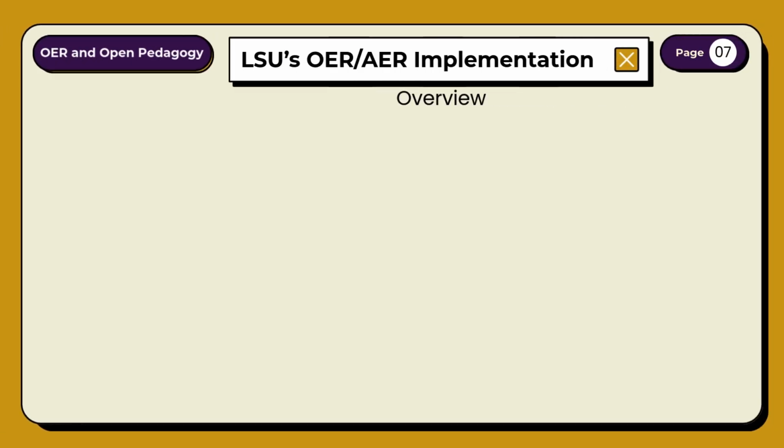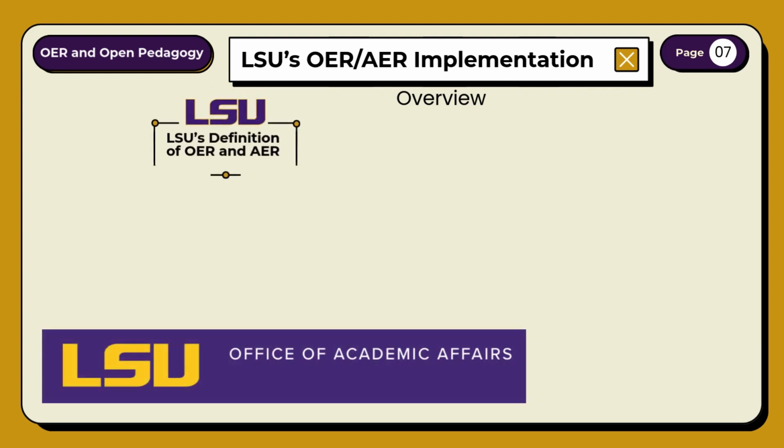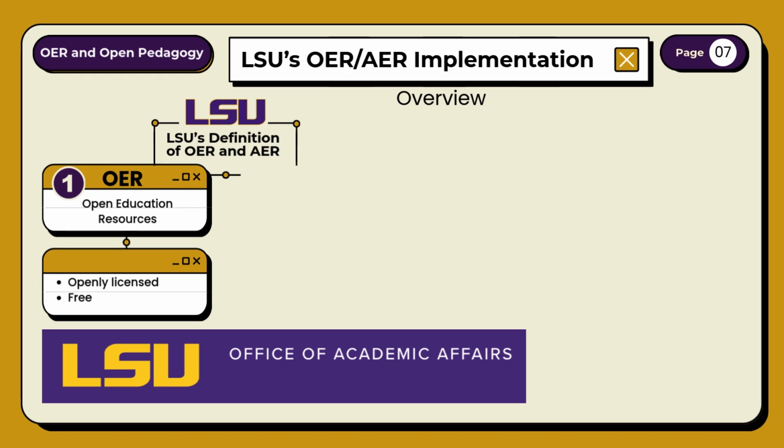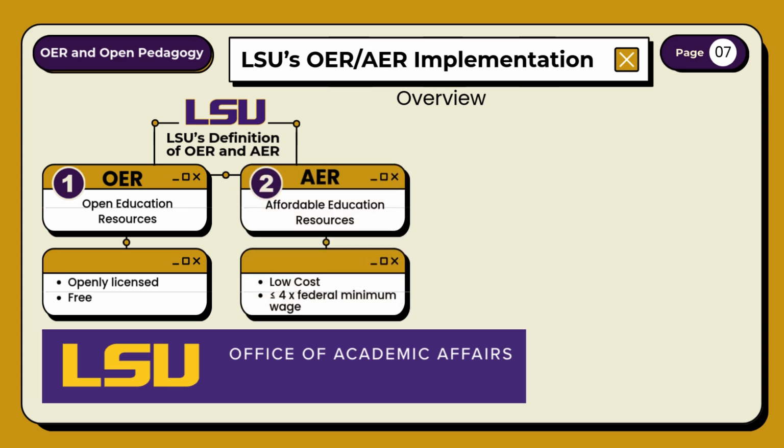Turning to our local context, at LSU, OER and AER are taken seriously. The Office of Academic Affairs clarifies that OER must be openly licensed so that any person may use, adapt, and redistribute. AER are required materials at no or low cost. In LSU's case, student costs must not exceed the threshold set by Louisiana law.